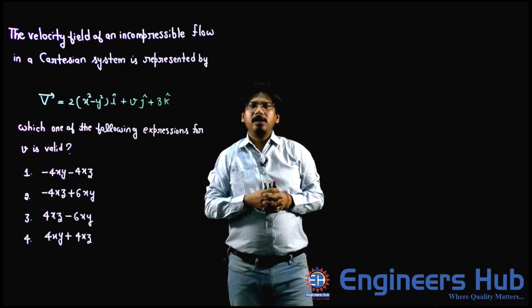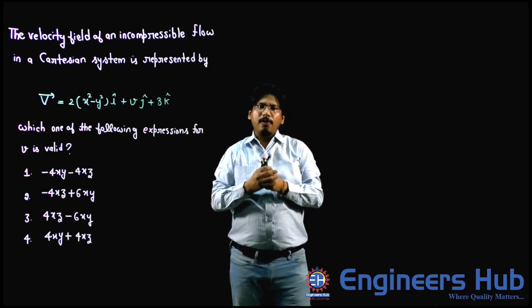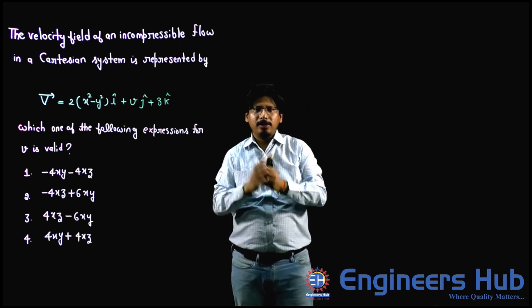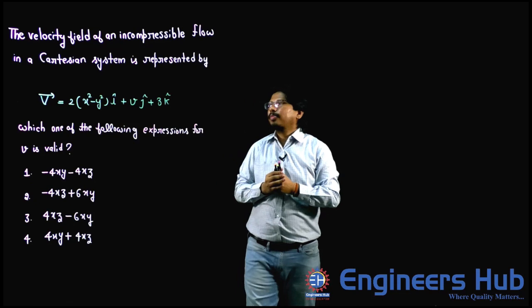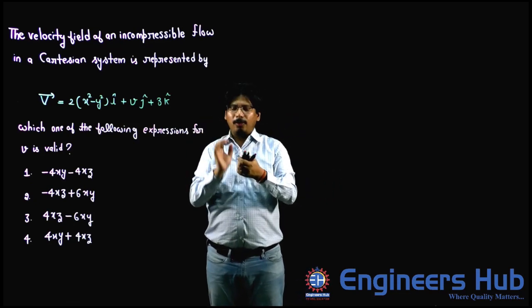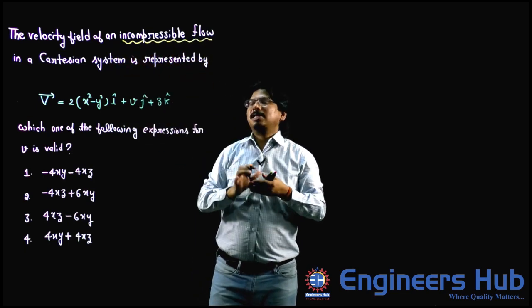Hello friends, this is one of the questions which came from the fluid mechanics, fluid kinematics chapter. So let us read the problem. The velocity field of an incompressible flow. Please observe, in the question they have given incompressible flow.